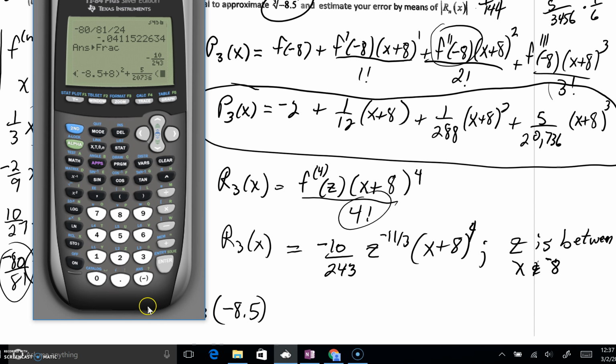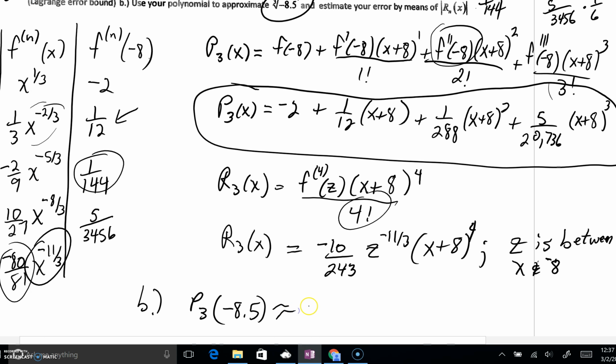And then we'd have our negative 8.5 plus 8, but we're raising that up to the third power. And if we just work this all out, you could see that we're getting an estimate of roughly about negative 2.0408. So, not so bad.